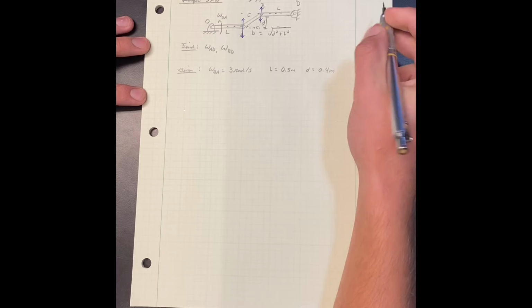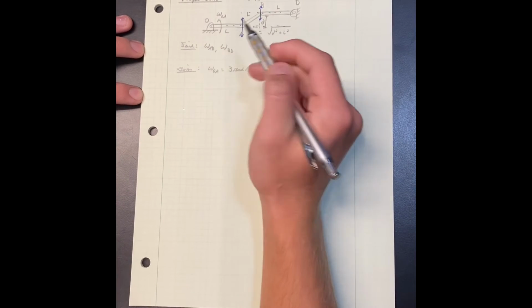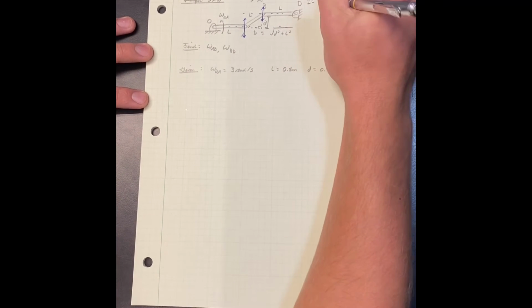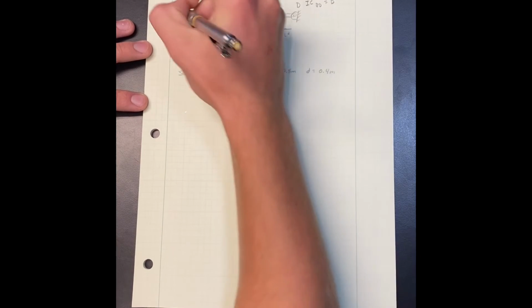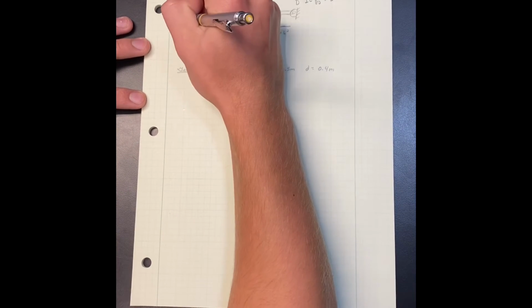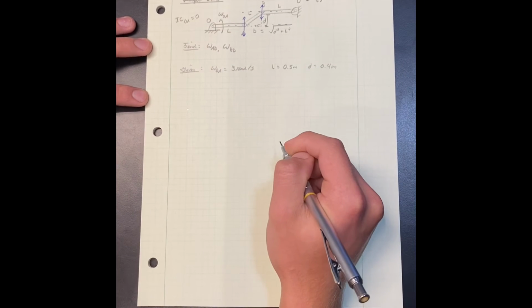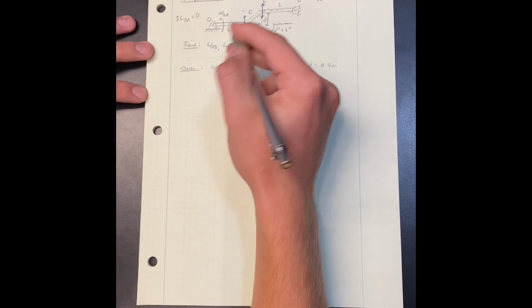And then since links DB and AO are connected to fixed points, the instant center for BD is point D, and the instant center for OA is point O. Now with this in mind, we must first find the velocity at A.